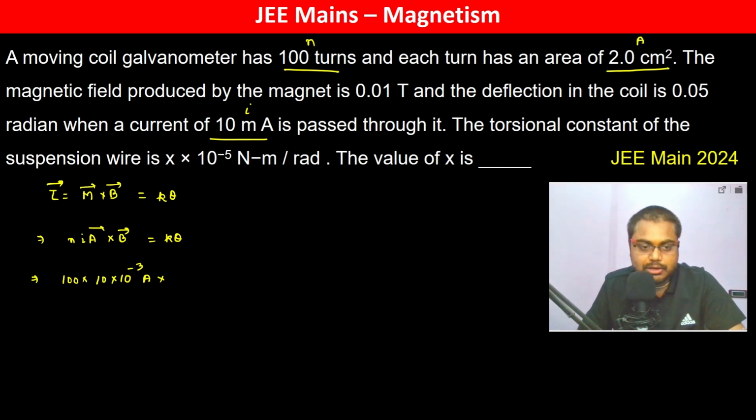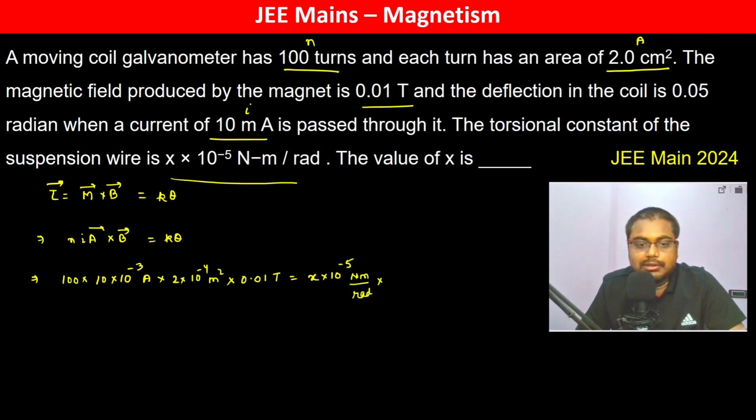So we write 2 into 10 to the power minus 4 meters square into B, which is 0.01 Tesla, should be equal to K into theta. X into 10 to the power minus 5 Newton meter per radian into theta. What is theta here? The deflection is 0.05 radian.